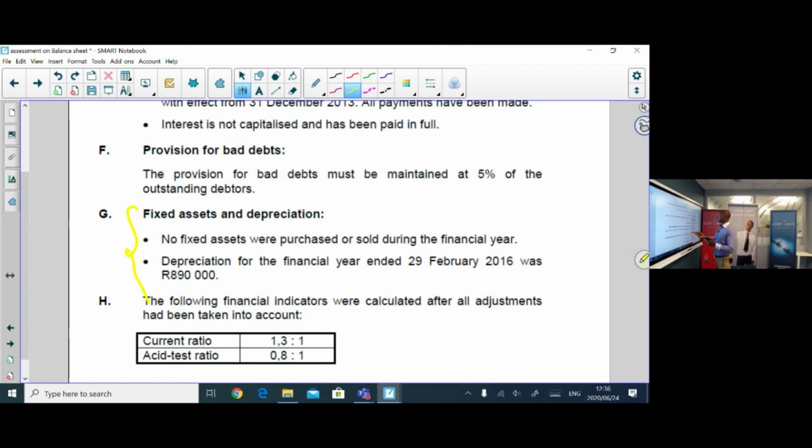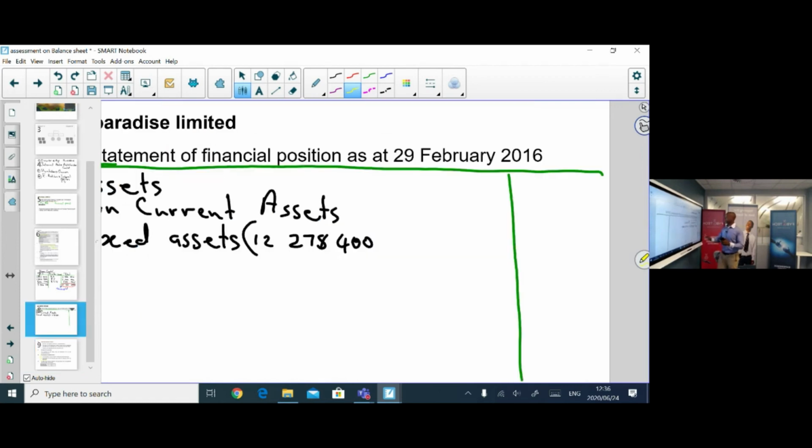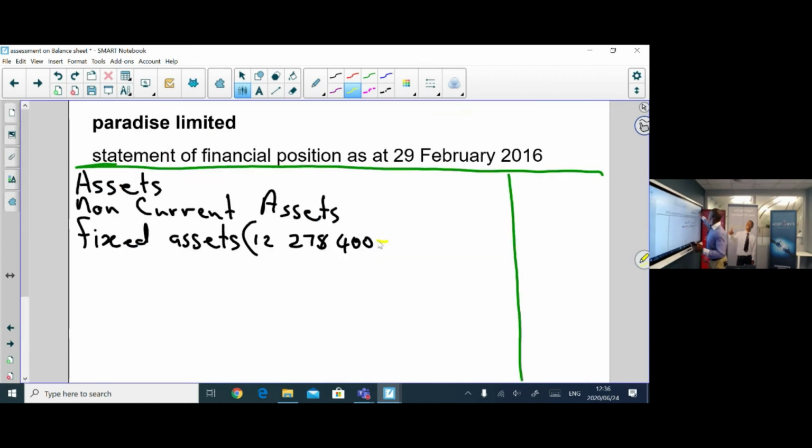So the depreciation for the financial year ended was 890. We don't have to calculate depreciation here. When we record these assets on the statement of financial position, we record the carrying value, not the cost price. So it's minus 890.